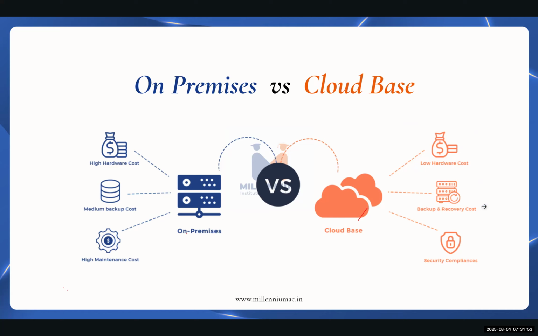So disaster management, basically what happens. If you are maintaining your own server at your premises, unfortunately, if any natural calamity occurs, say the building collapses, everything, the data, will be lost.